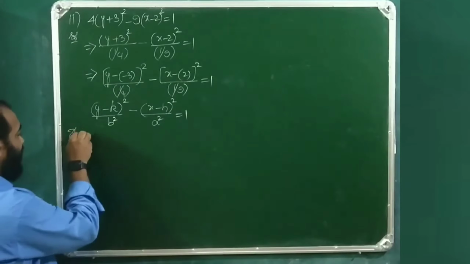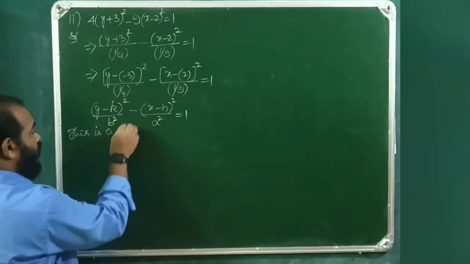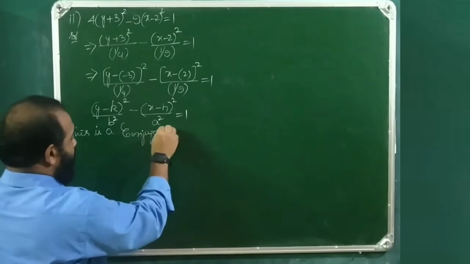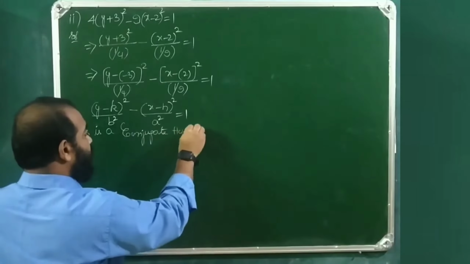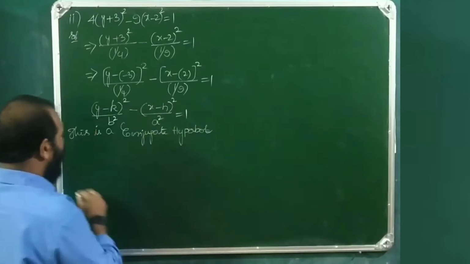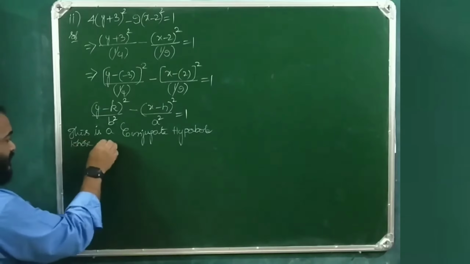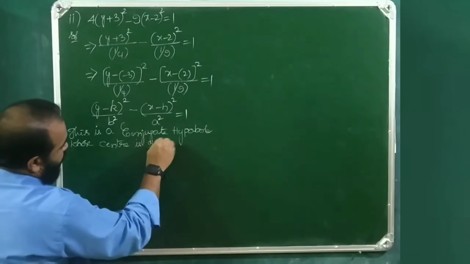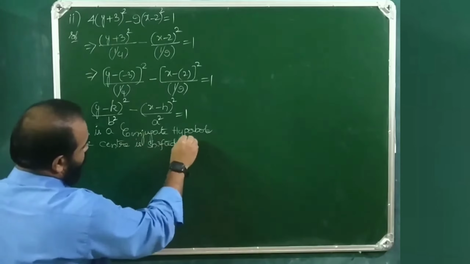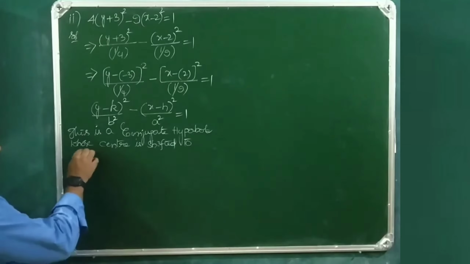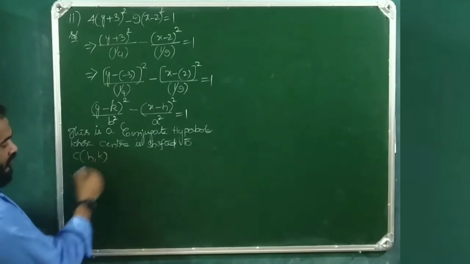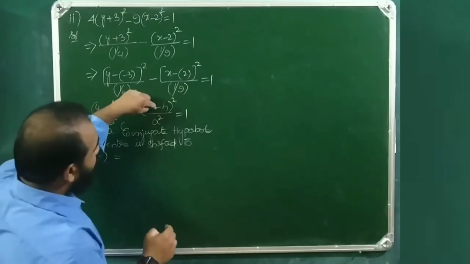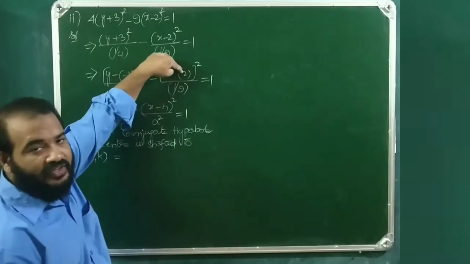So this is a conjugate hyperbola whose center is shifted to C h comma k, where h here is, minus minus same, in the place of h you may see 2 here.